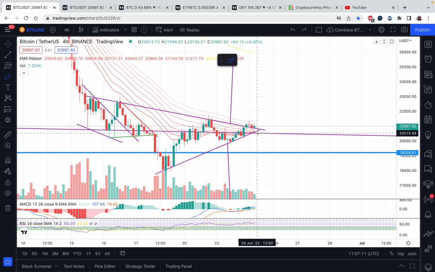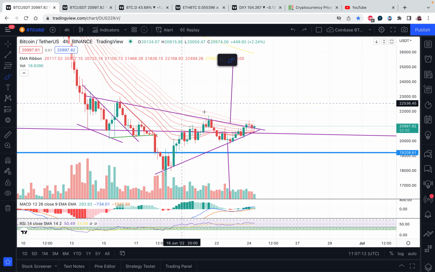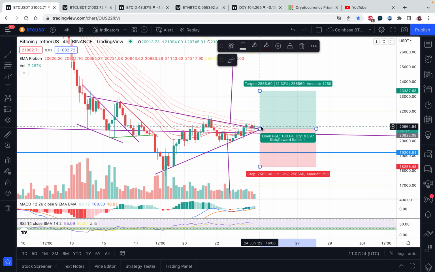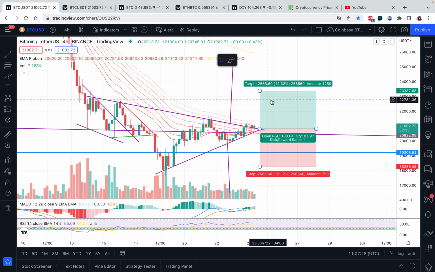However, if we hold this line, which is on the daily, then it is a good thing, I guess. So what you could do in order to look at long positions is, if you're starting it right here, oh, let me go back first.